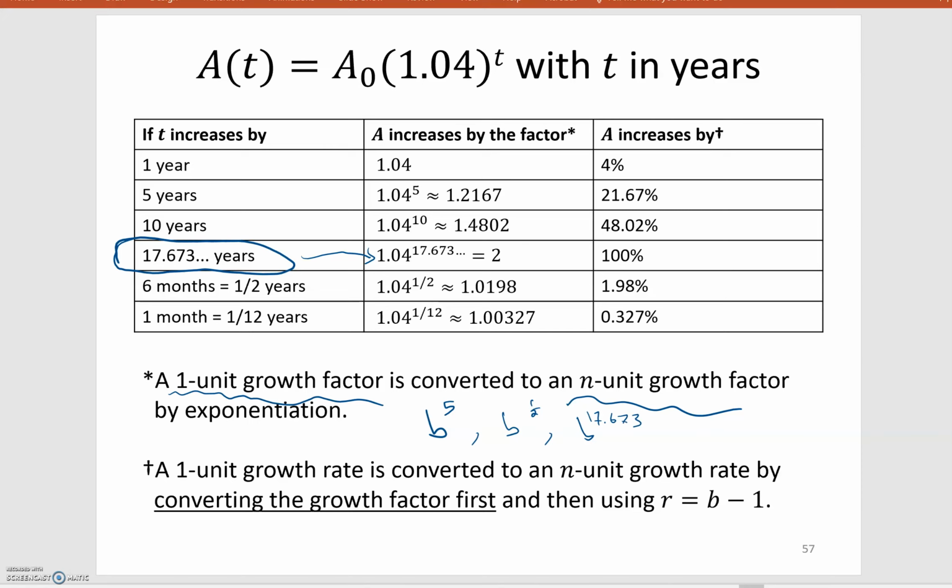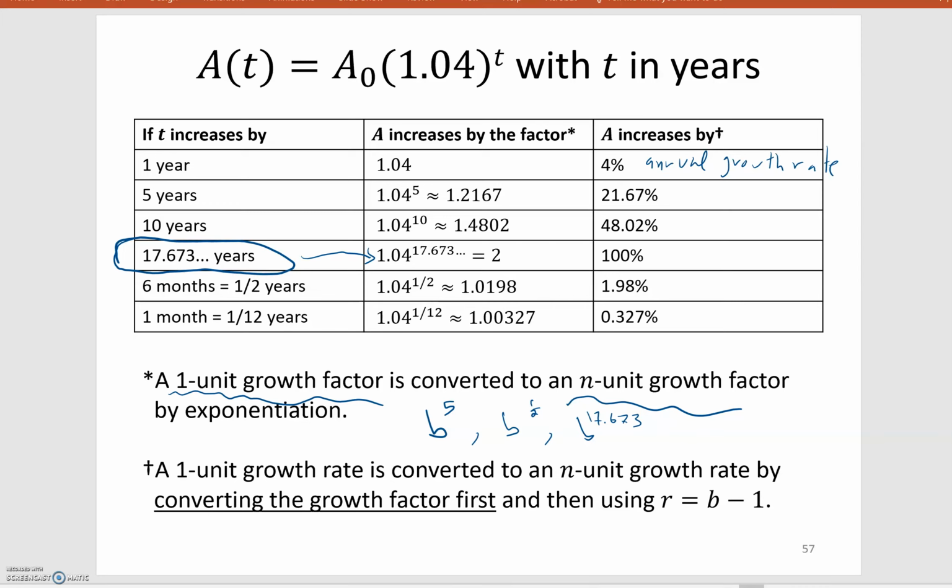The third column is actually calculating rates for each of these. So this is our original annual growth rate. What is this?